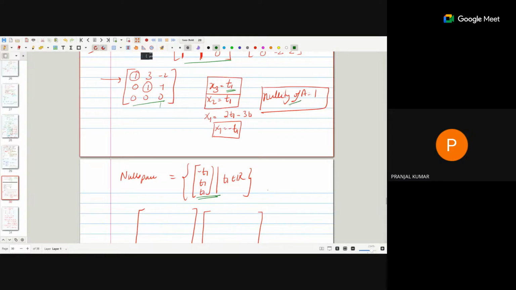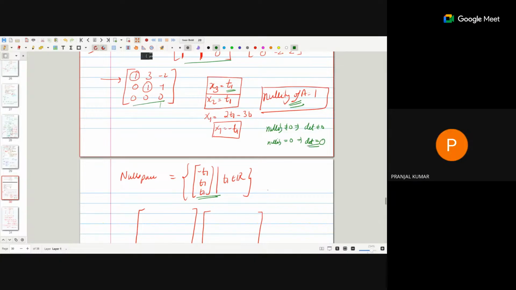Now you know that nullity of A is 1, and for any square matrix, if nullity is non-zero, this implies determinant will be 0. But if nullity is 0, this implies determinant will be non-zero.